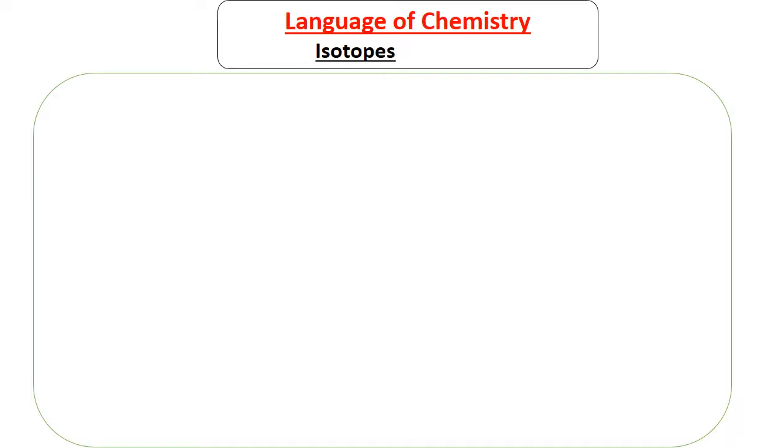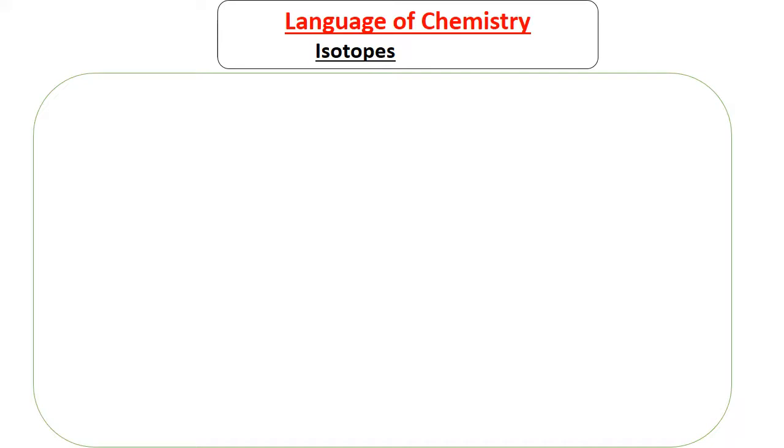By the same, I mean they should have the same mass number and the same proton number. But it's not always the case. There are some situations where an element has atoms that have the same proton number but different mass numbers. In short, they have the same number of protons but different number of neutrons.